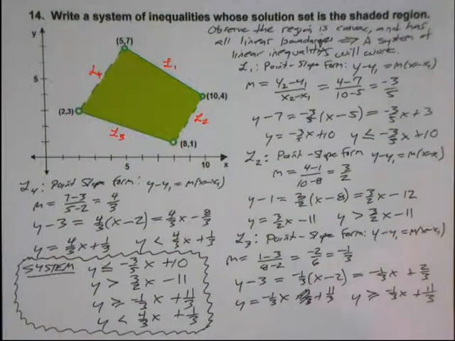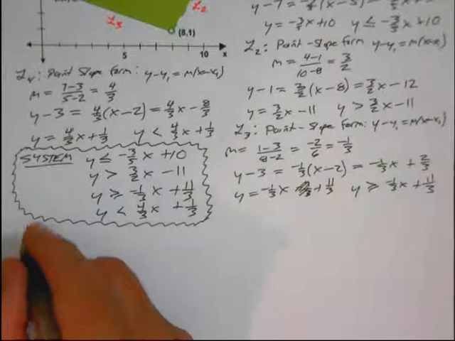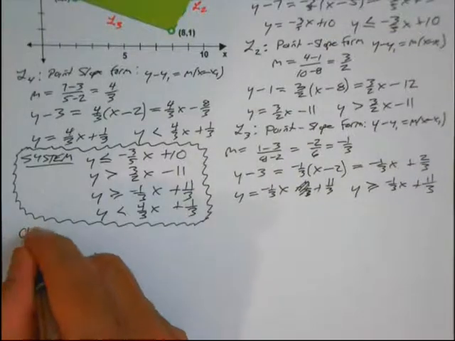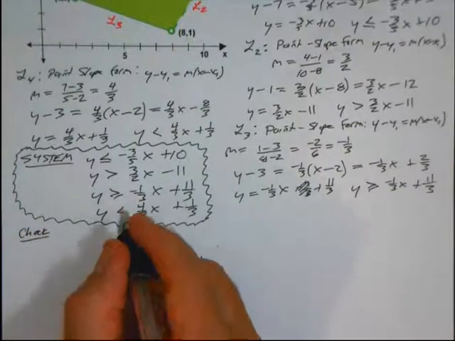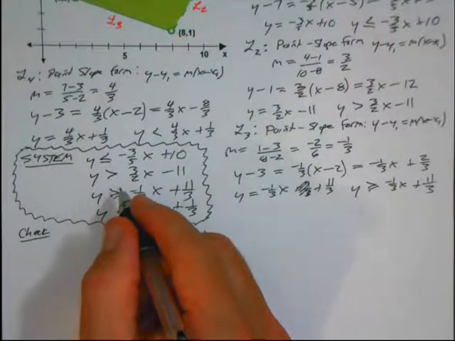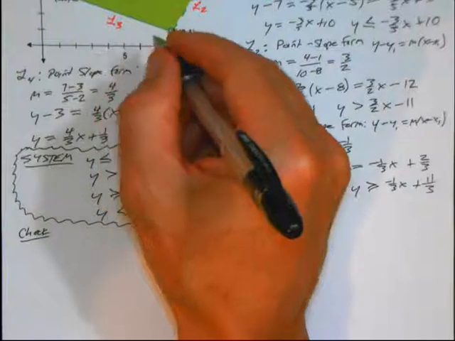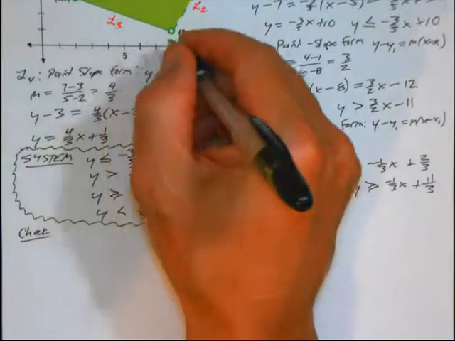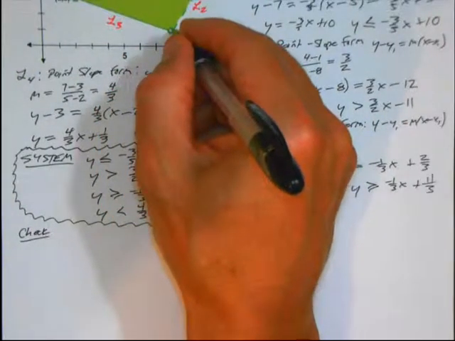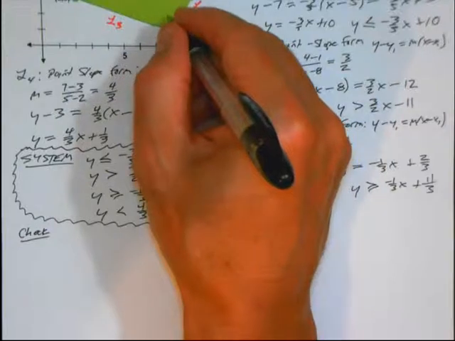Alright, now let's give this one a check over before we walk away from this. As our check, let's take a point that's clearly in the solution set here. Perhaps we choose (8, 2).